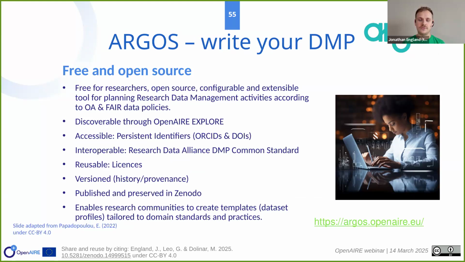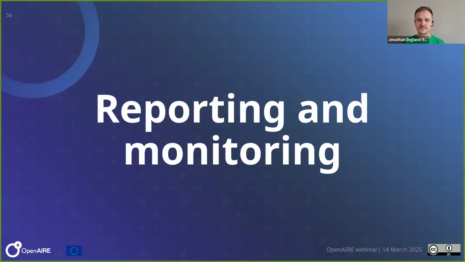So it already has the template from the European Commission. You can also download the document from the European Commission, but this might be a tool also that can help you. It won't write the DMP for you, but it can help you in structuring it.